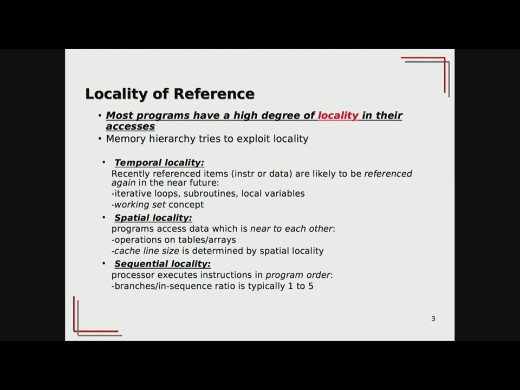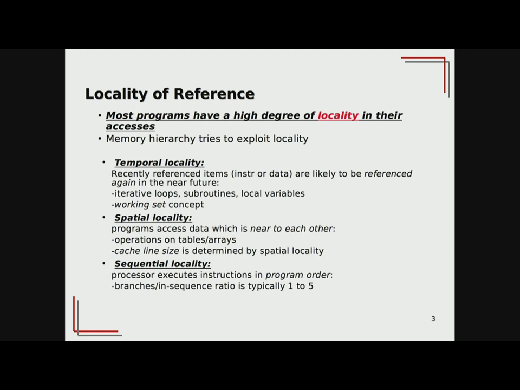Maybe I can start from the locality of reference. That is the most important point in terms of optimizing the memory, because the memory hierarchy tries to exploit locality. Locality can be of three kinds. It could be temporal locality. It means that if I'm using a variable, there are chances that I use this variable again after a very short time.